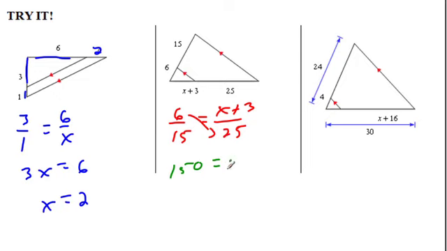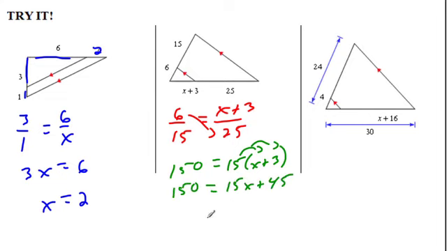Then 15 times X plus 3, and I'm going to distribute this and make sure I'm good. So really 150 equals 15X plus 45. Subtract 45 from both sides and you get 105. Does 15 go in there evenly? 15 goes in there, oh my gosh, 7 times? Is that right?